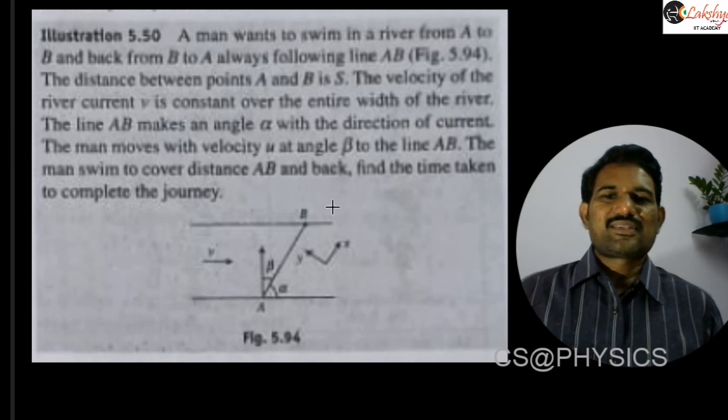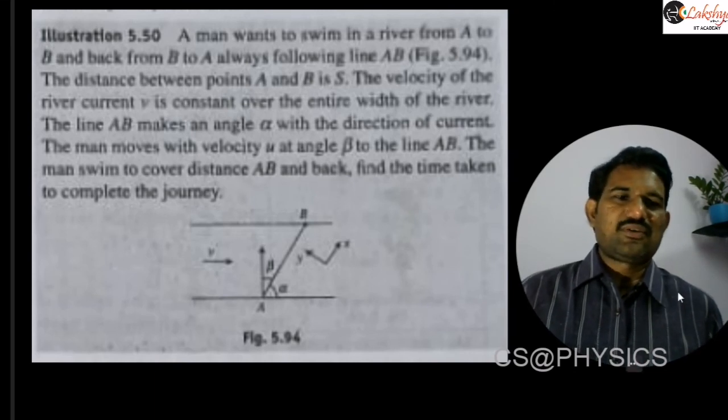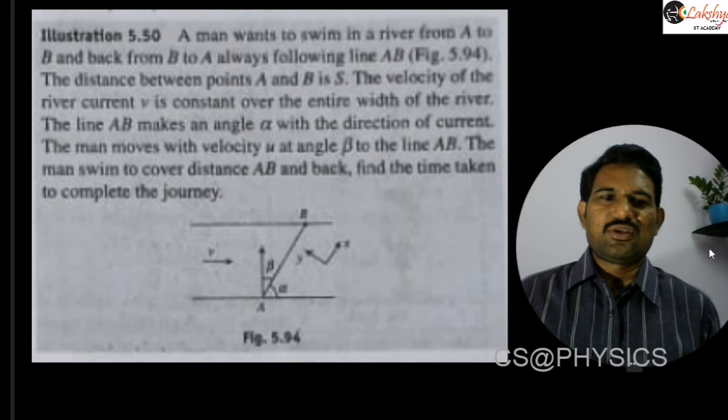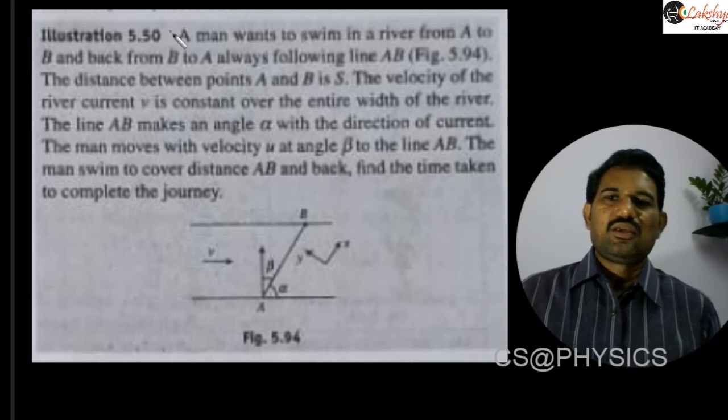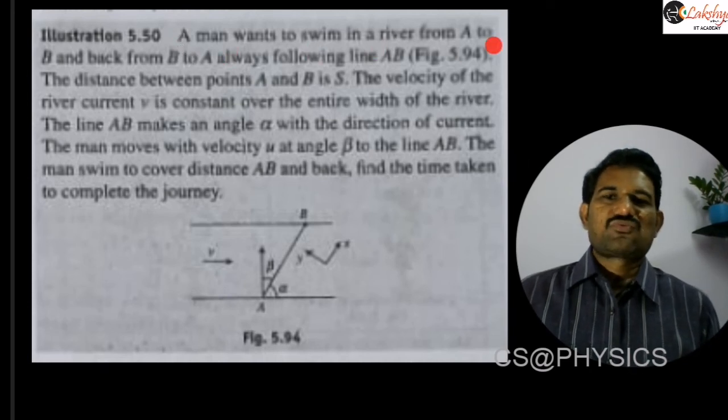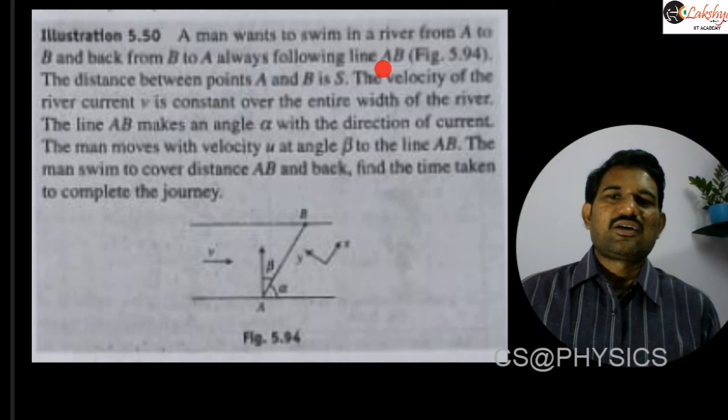And this is also a similar problem. So this also, I will just explain this data. You can solve this. A man wants to swim in a river from A to B and back from B to A. Always follow the line AB.